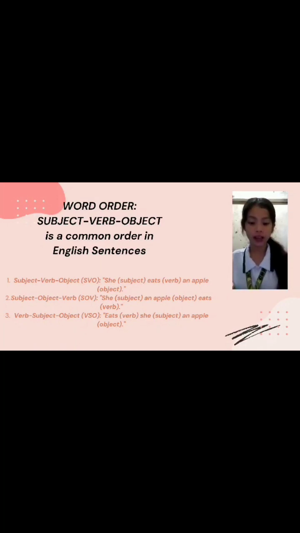She, subject, an apple, object, eats, verb. The last example is verb, subject, object, or VSO. Eats, verb, she, subject, an apple, object. These examples illustrate how the arrangement of subject, verb, and object within a sentence can vary while maintaining grammatical correctness in English.